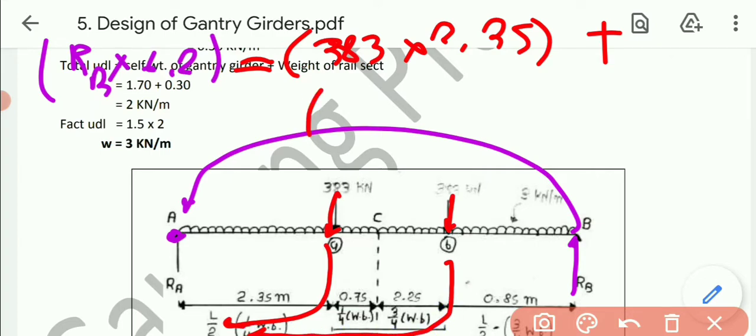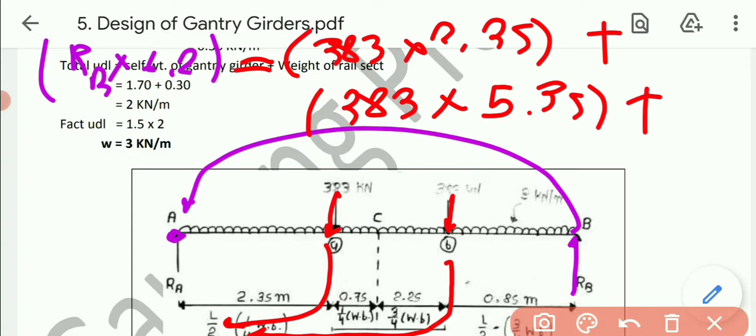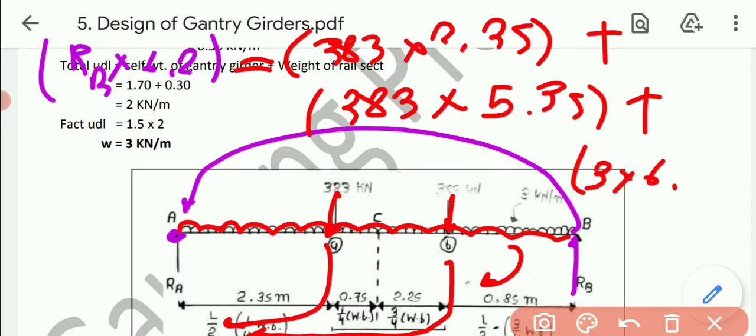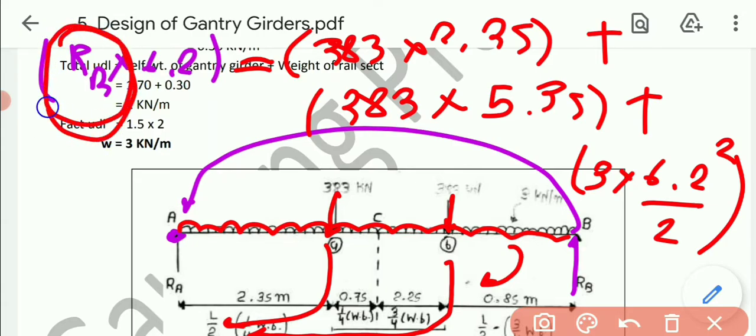Then this entire UDL will also be clockwise: load into distance into half distance, 3 into 6.2 into 6.2 by 2, means square by 2. Clear? So this will be my reactions criteria, and from this I will get the value of RB.